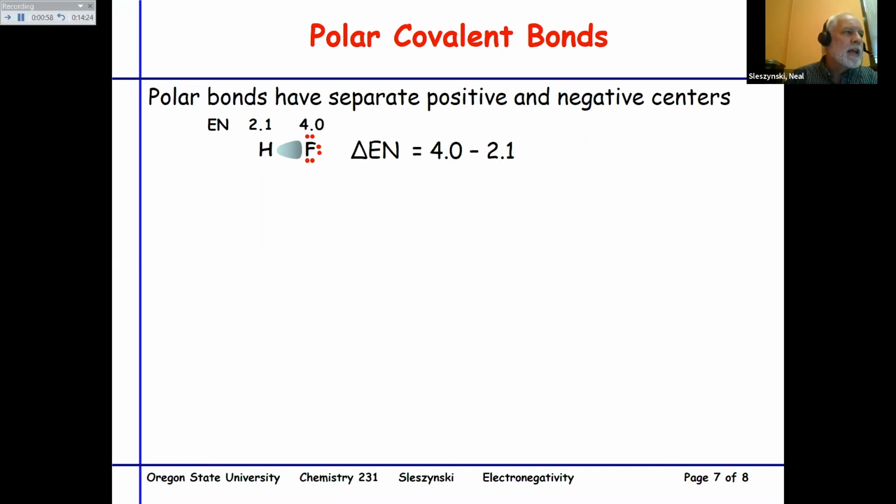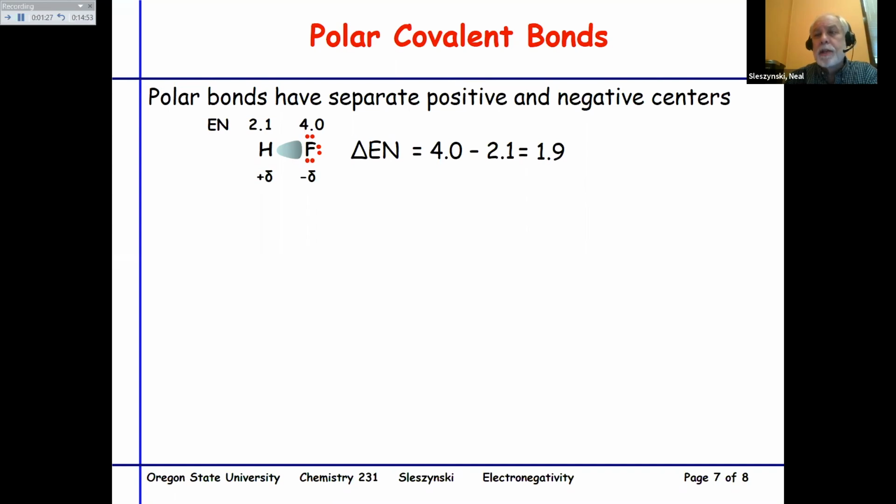Our delta electronegativity here is 4.0 minus 2.1, which gives us a delta electronegativity of 1.9, indicating that a hydrogen fluoride molecule is more polar than a water molecule, which we saw on the previous slide, has an electronegativity difference of 1.4.